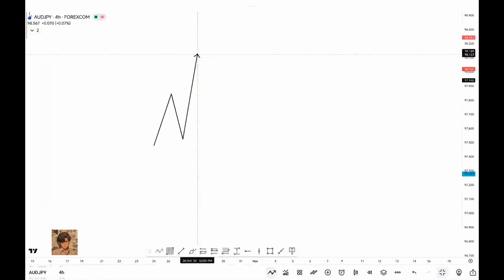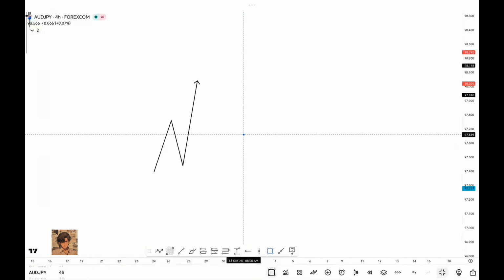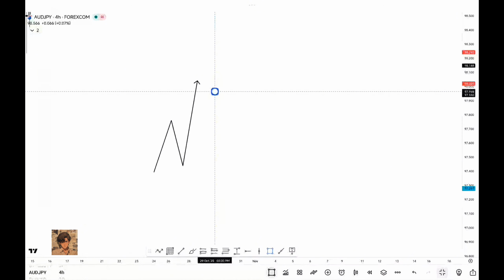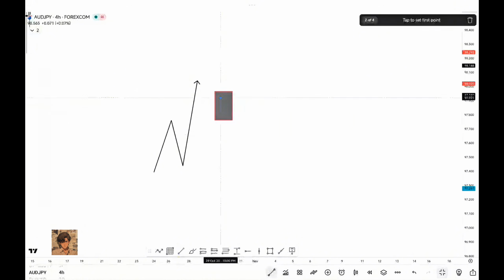After this movement to the upside, you now have a CRT candle trading very close to your liquidity level. What do I mean? You have a CRT candle like this.